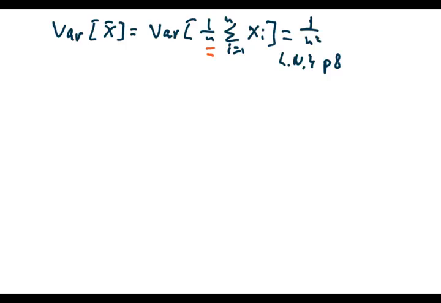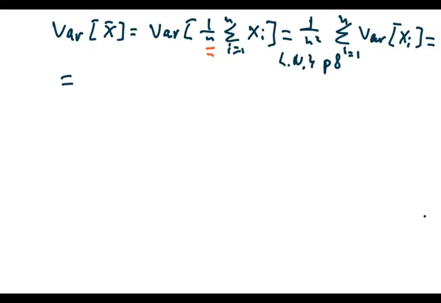Since all xi's are independent random variables, I forgot to mention it, but it's obvious from the procedure we follow, this will be equal to the sum of variances of xi's for all n random variables.